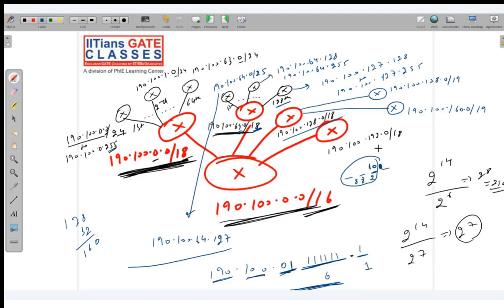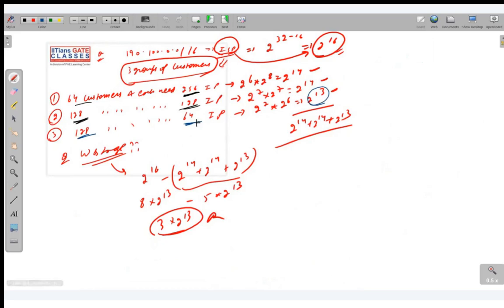Now it's up to you. It's your choice whether you divide this or this. I will divide this one. Divide it into how many customers? 128 customers, each needing 64 IP addresses.